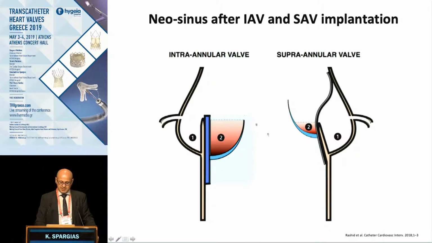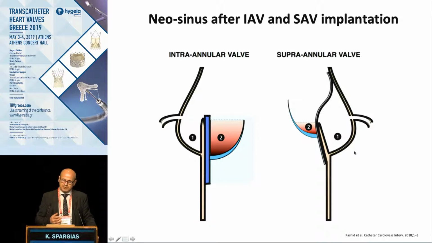As you can see, the neo-sinus that is created with the Sapien valve. So all this area of the leaflet is not affected by forces outside of the cage, and when we implant a Medtronic valve, this area that is not affected by pressures outside is much less.